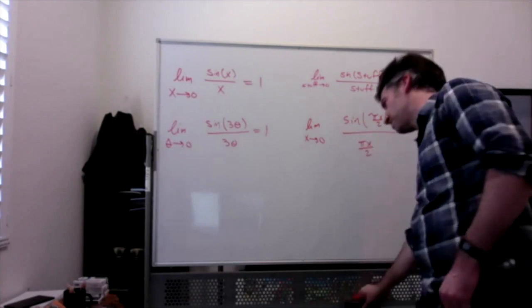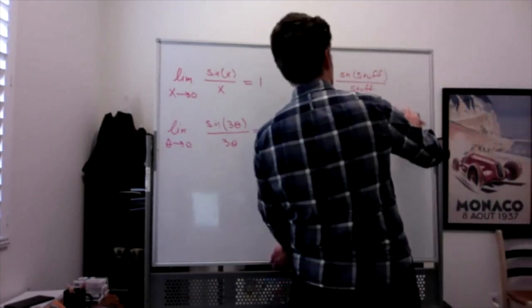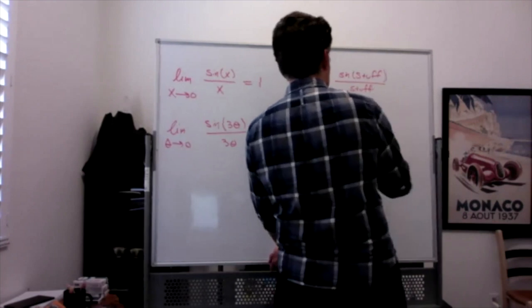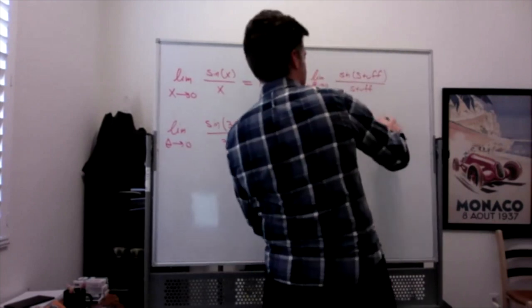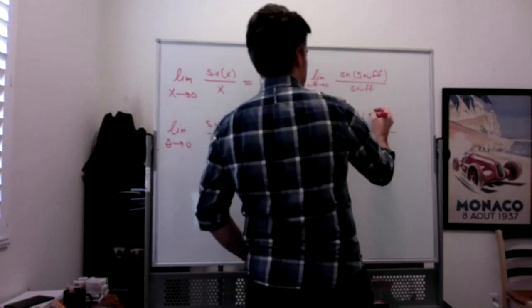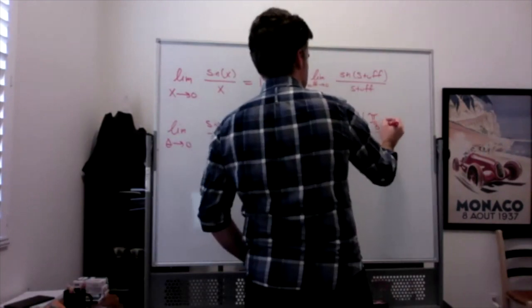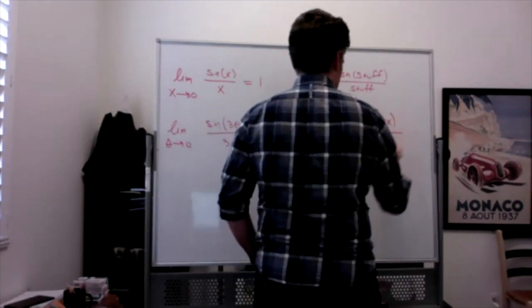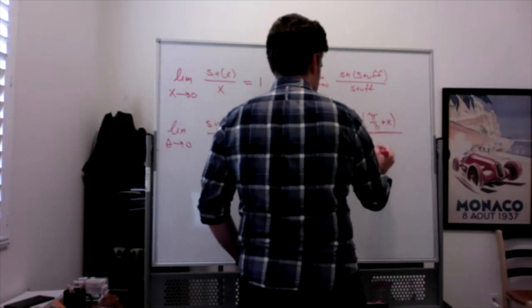Oh, that's a terrible example. How about trying this instead? Sorry, I thought I had a good one in my head, but I didn't. How about pi over 3 plus x? Yeah, that'll work. Sine of pi over 3 plus x over pi over 3 plus x.